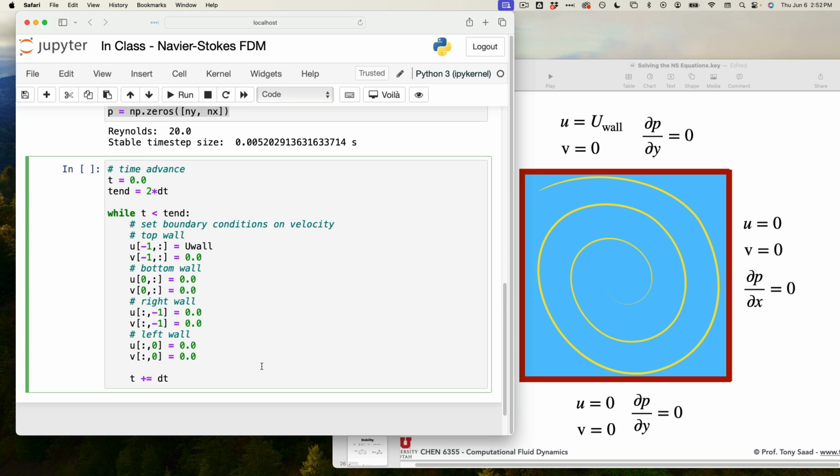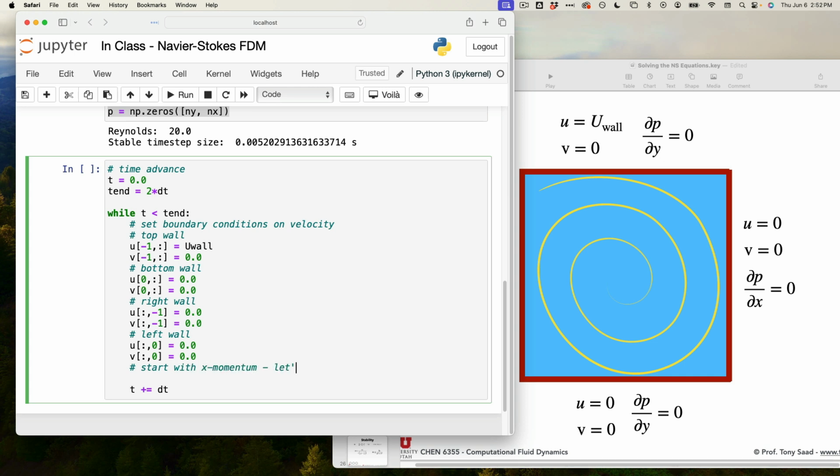So we have two equations to integrate here, and for each equation we have x advection, y advection, x diffusion, y diffusion, and then a pressure gradient. We'll focus on advection and diffusion first because we know how to do those. So we will start with the x momentum. Let's build the right-hand side.